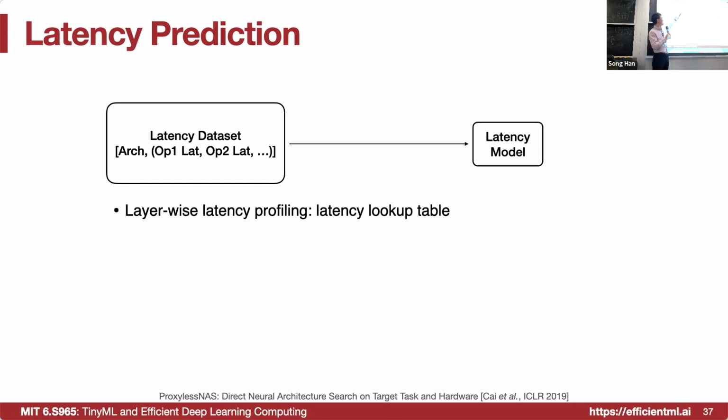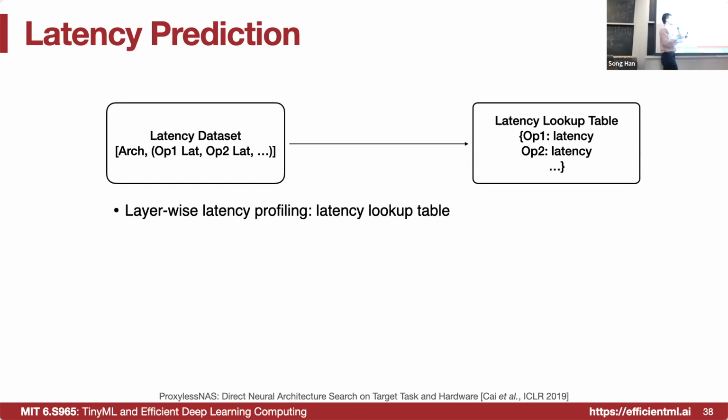For different layers, they can give the latency for running each layer, like for the first convolution layer, how many milliseconds, and for the second convolution layer, how many milliseconds. In that way, we can construct a latency lookup table. So the next time we look at this second operator, we can just reuse the same latency since it has previously been measured. This is for creating the latency lookup table.